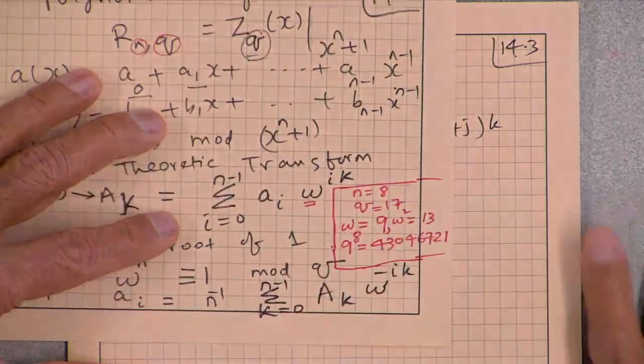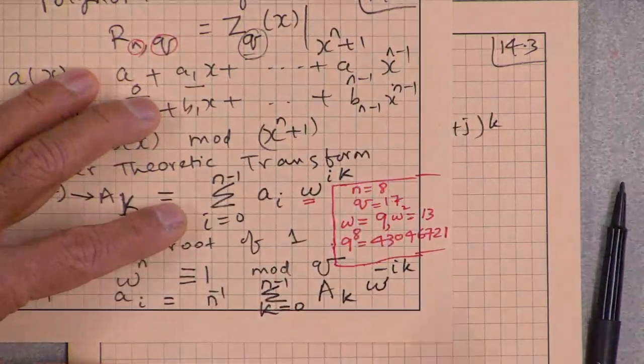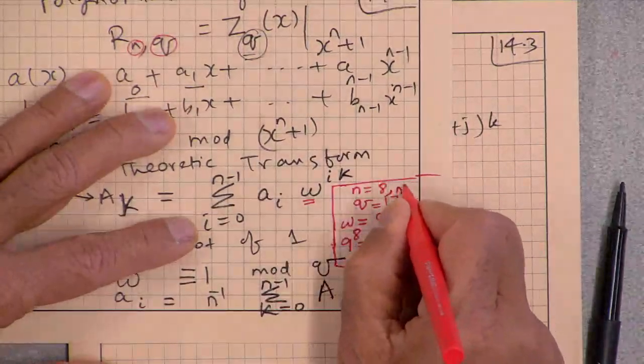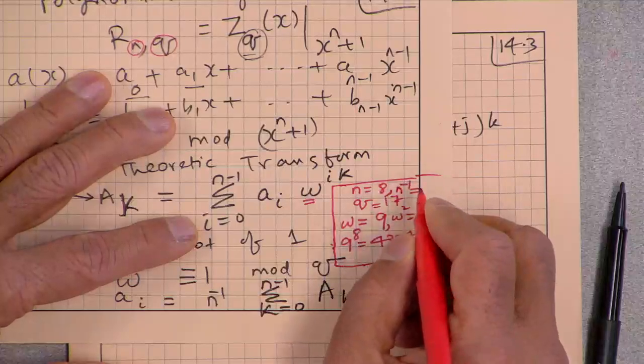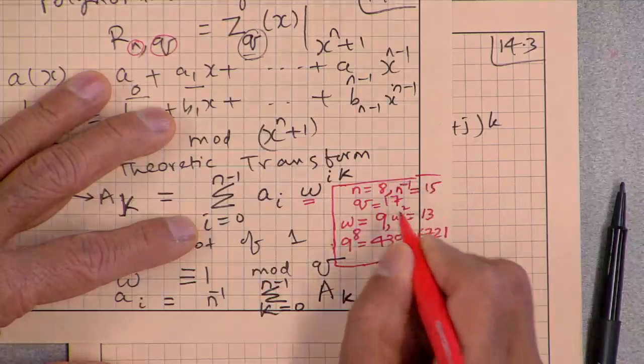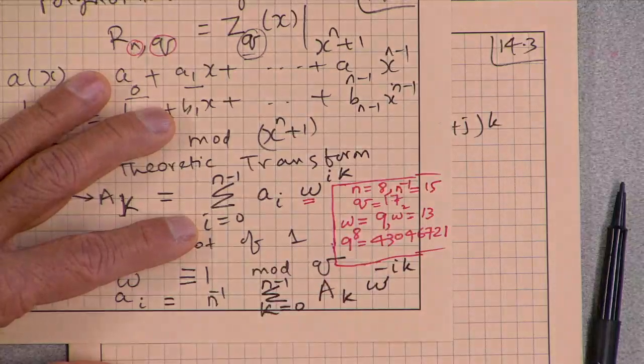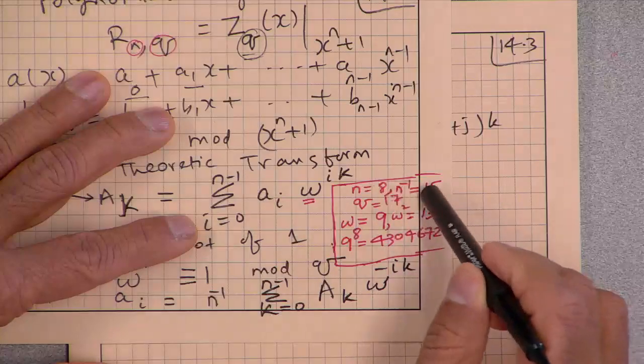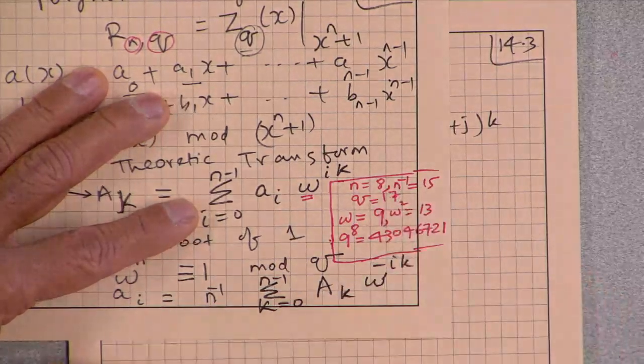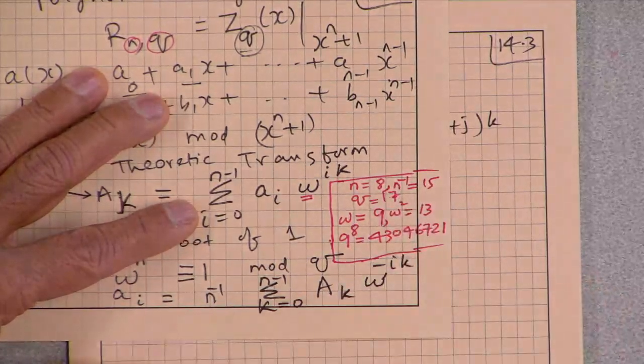By the way, in this particular example, if n is 8, n inverse is going to be 15. So you can see that n multiplied by n inverse modulo q should be 1. So 8 times 15 is 120, divided by 17, 17 times 7 is 119, remainder 1.